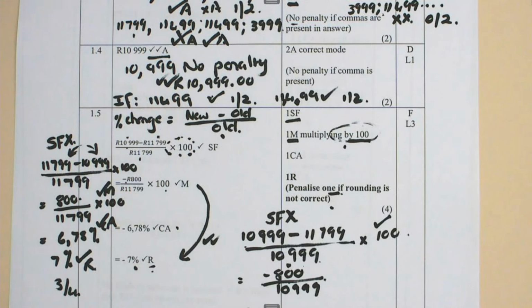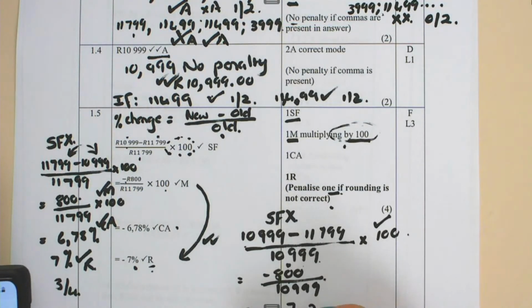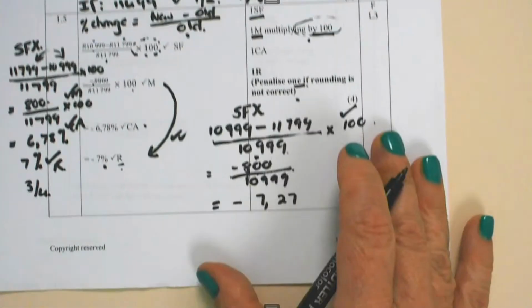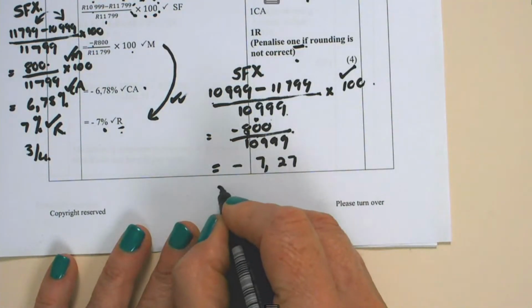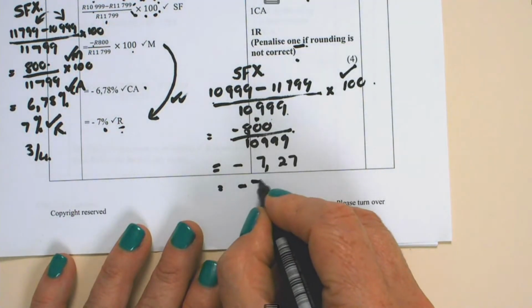So the value that they're going to get is minus 7,27. Okay, and still if you round this to the nearest whole number, it will be minus 7%.